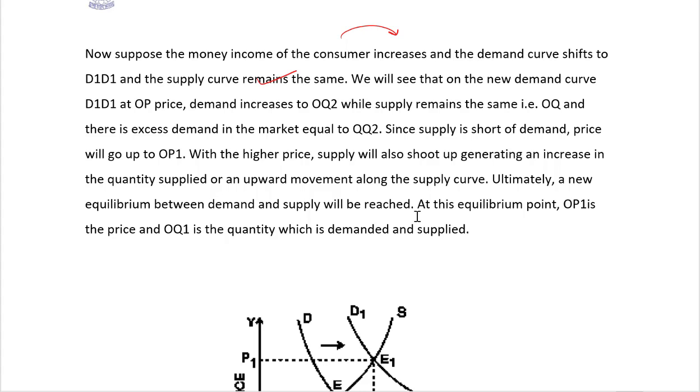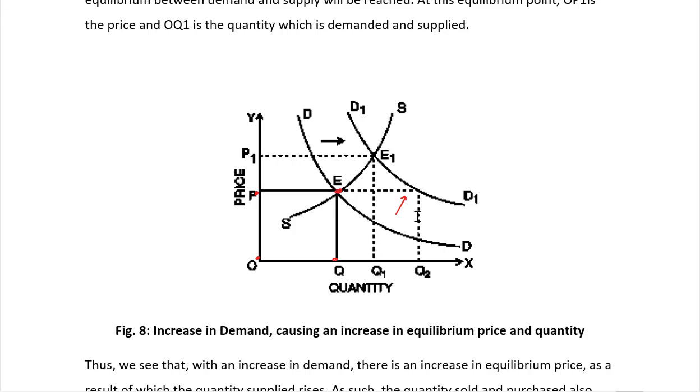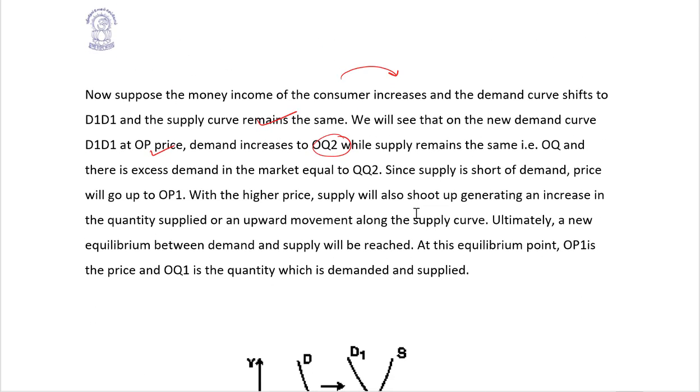And the supply curve remains the same. That means there is an increase in demand and the supply is the same. So with the increase in demand, the price of the product will increase. On the new demand curve D1, at price OP the demand increased to OQ2, while the supply remains the same at OQ.